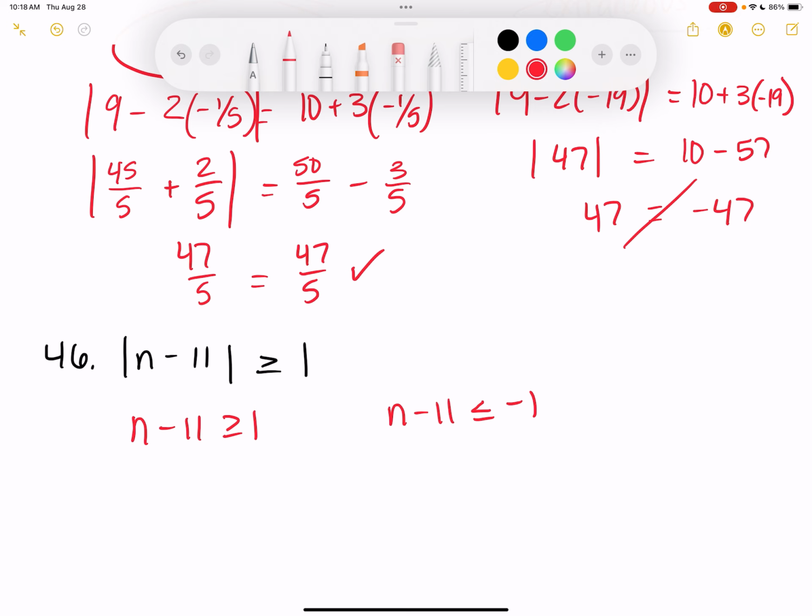So I then add the 11, n is greater than or equal to 12. Then over here, add that, n is less than or equal to 10. So my final answer should be n is less than or equal to 10, or n is greater than or equal to 12.